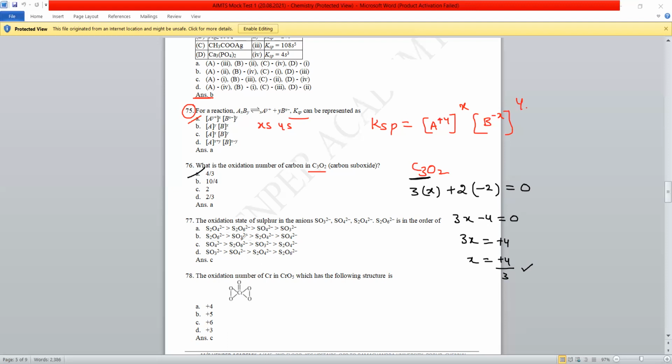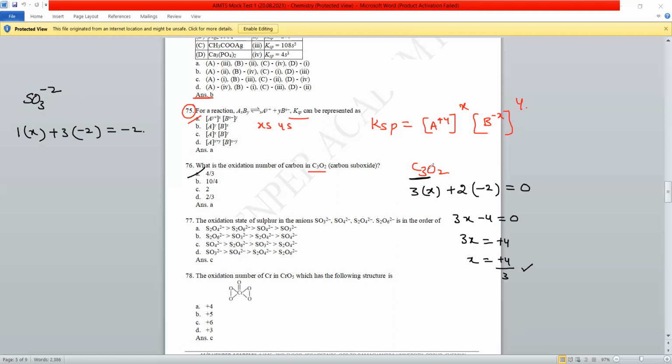Next, question 77: oxidation states of sulfur in the anions SO3 2-, SO4 2-, S2O4 2-, S2O6 2-, in order. Students, you should follow the same method here. In SO3 2-, for sulfur we take 1 into x, because only one sulfur is there. There are 3 oxygen atoms, each oxygen is -2, and the total equals -2 because it is an anion.